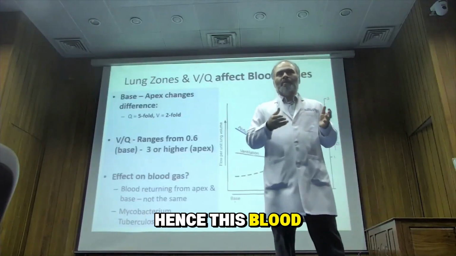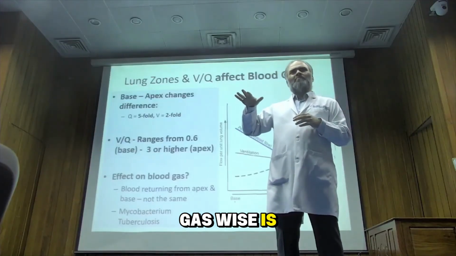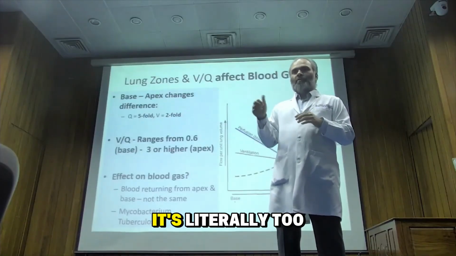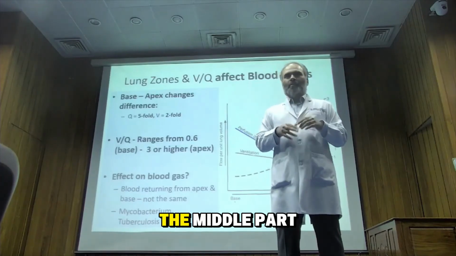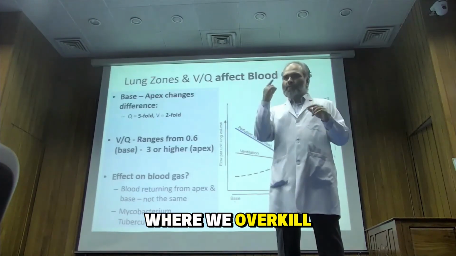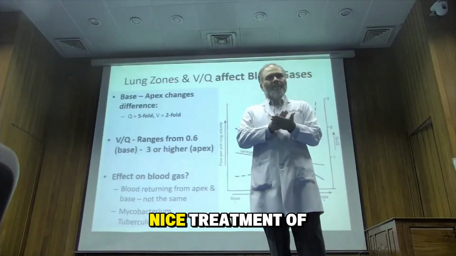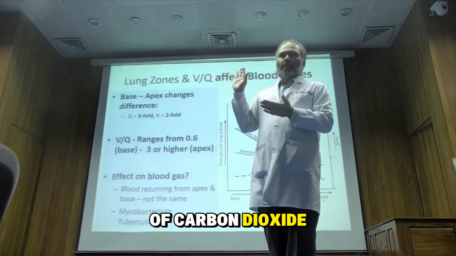Hence this blood, blood gas wise, is average, while the top region blood is literally too good. Both are not good. The middle part is the best, where V over Q is equal. So whatever blood is coming, it's getting a nice treatment of oxygen and proper removal of carbon dioxide.